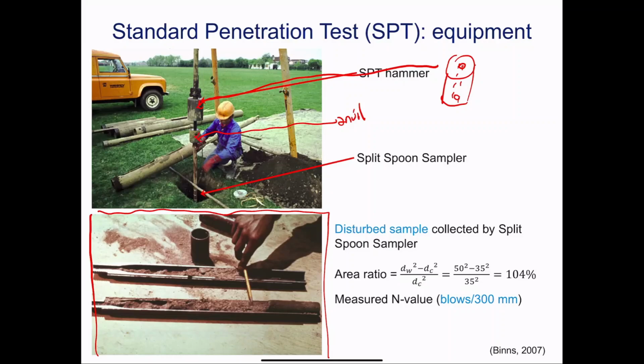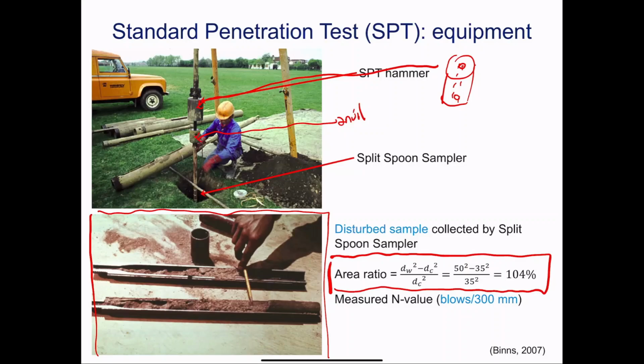Normally in geotechnical or ground investigation, we have something interesting called the area ratio. The area ratio is very simple. It's just the difference between the outer and inner diameter of your sampler, normalized by the inner diameter, and you get some sort of ratio.